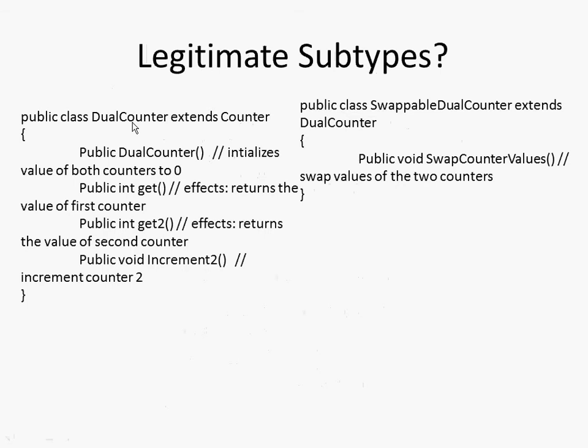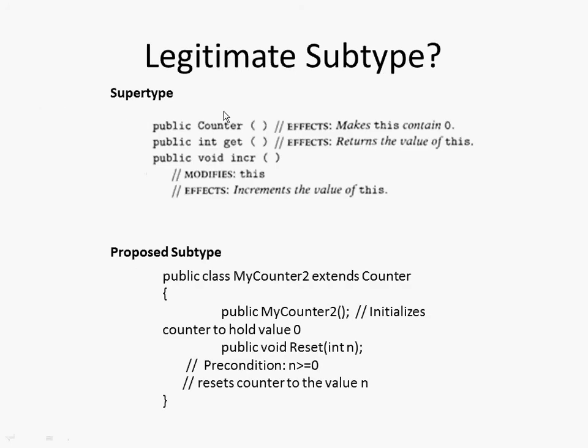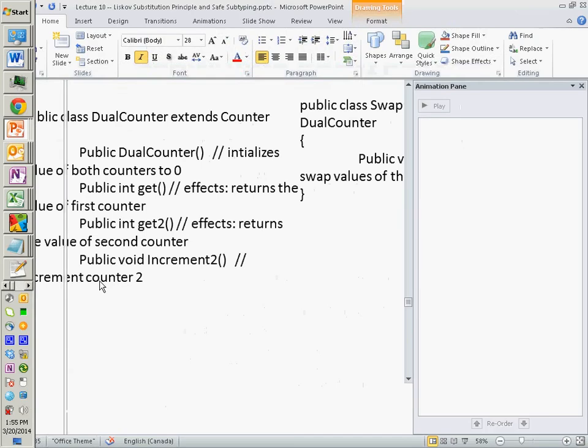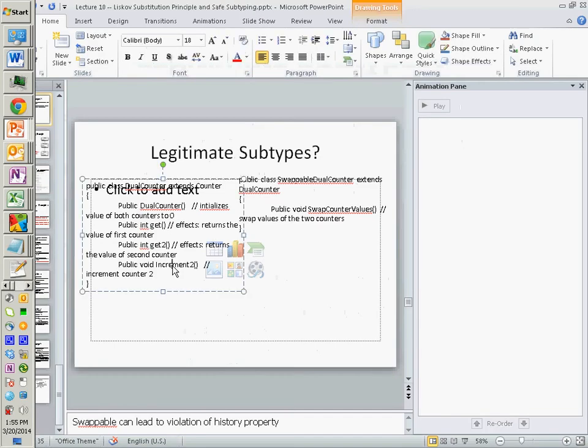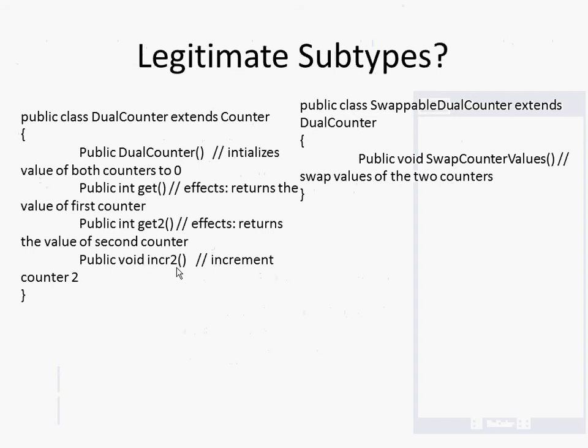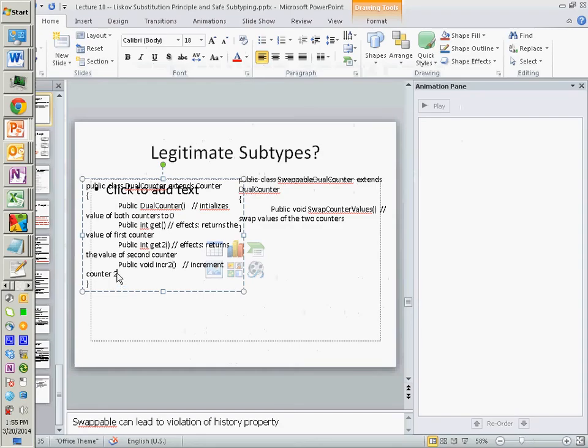Maybe, to make it consistent in its notation, I should say increment 2. I'll have the increment in there as well. We have increment 1 and we have increment 2. I don't want you to get distracted by that.